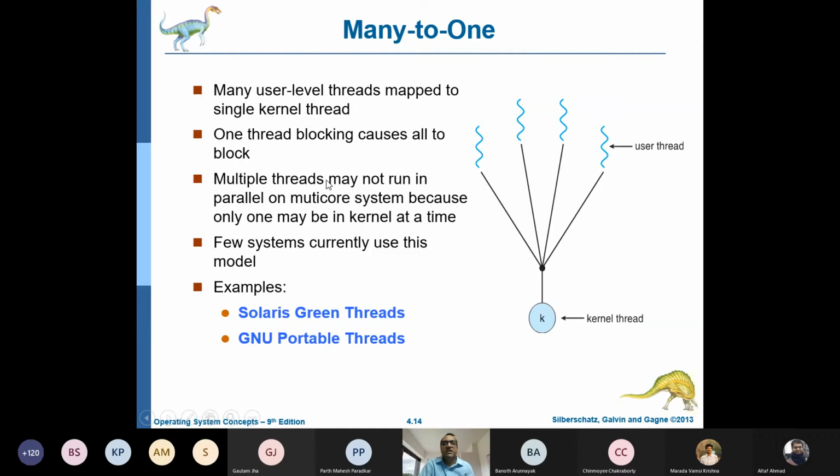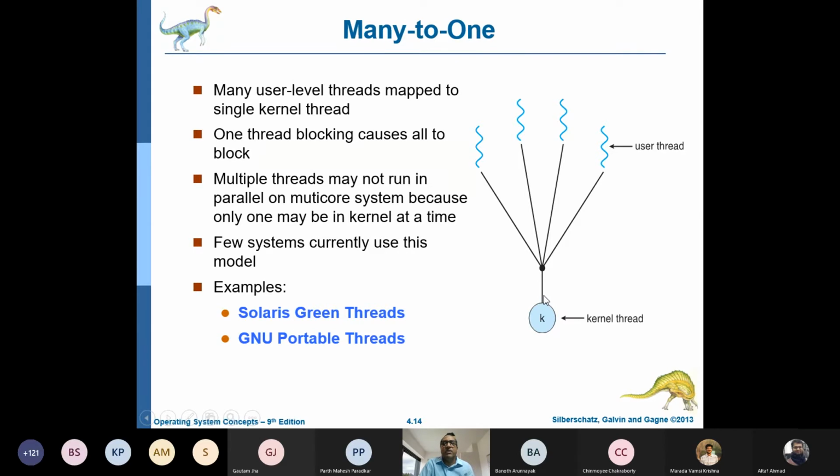Now we'll see the issues that crop up here. Many user-level threads are mapped to a single kernel thread, so if one user-level thread is blocked, the entire process will be blocked. For example, suppose a running thread requires IO at some point. It calls a system call, which is handled by a kernel routine.